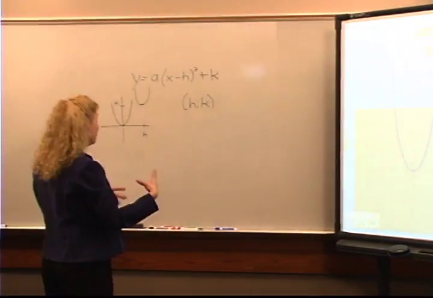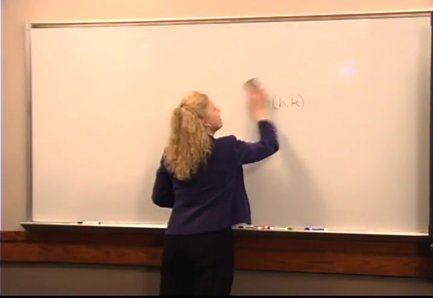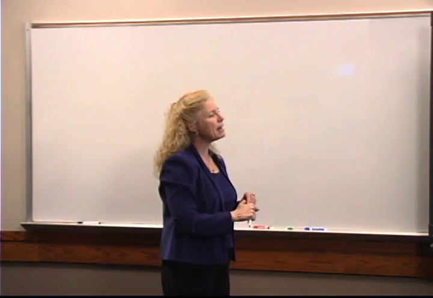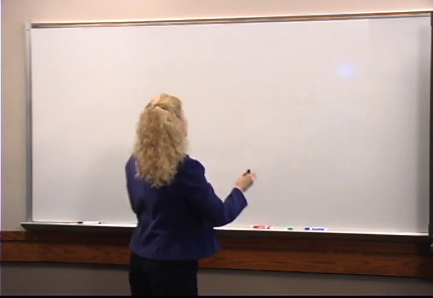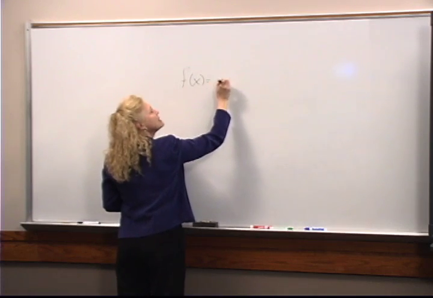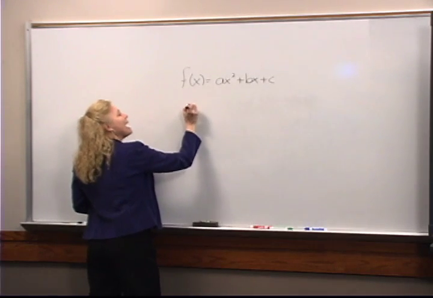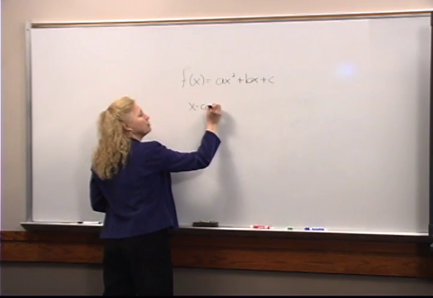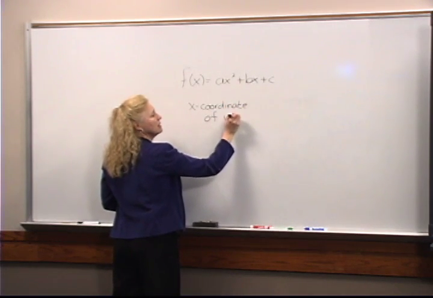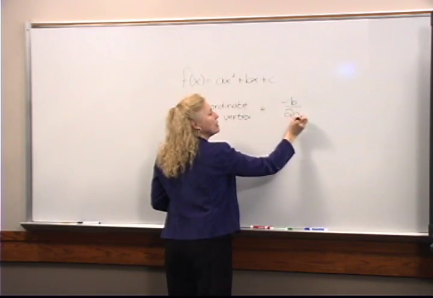If we went through completing the square again, and I'm not going to do that because I did that for you in the previous lesson, or actually several lessons back, I'm going to let you know that when your parabola is in the form ax squared plus bx plus c, the x-coordinate of your vertex will be sitting at negative b over 2a.